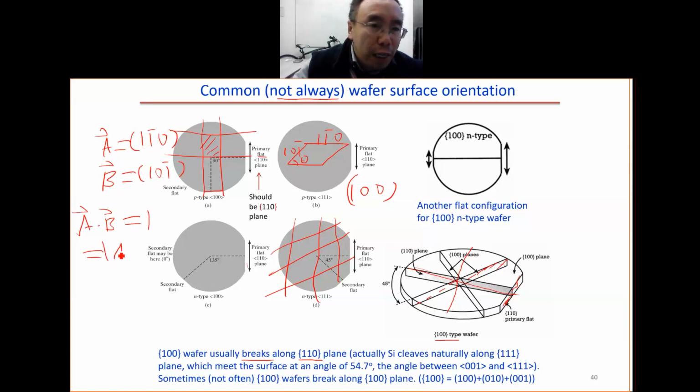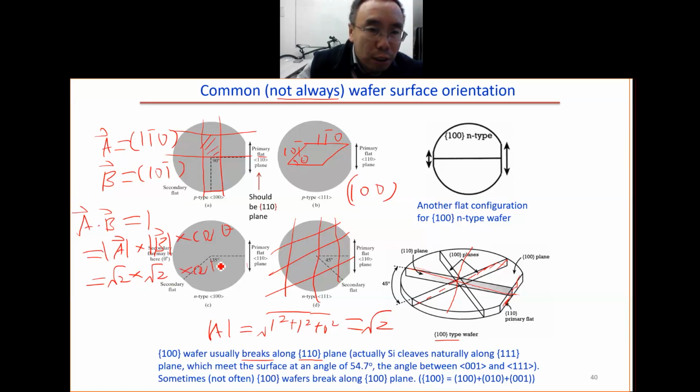This equals the magnitude of A times the magnitude of B times cosine theta. A equals square root of 1 squared plus 1 squared plus 0 squared, equal to square root 2. B is also square root 2, so cosine theta equals 1 over 2, so theta equals 60 degrees. That means when the 111 wafer breaks like this, the angle here will be 60 degrees.